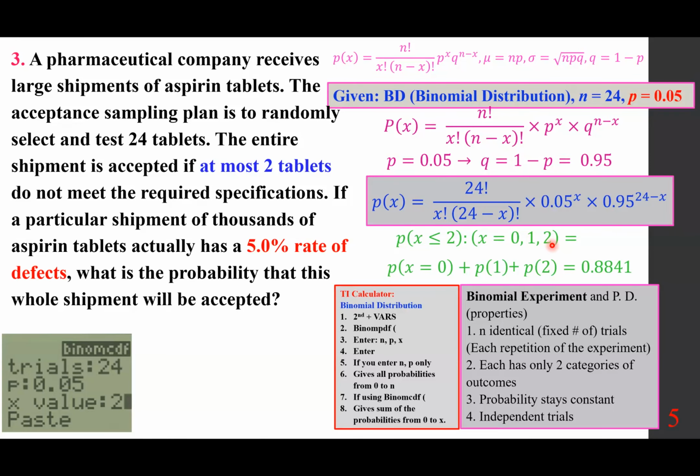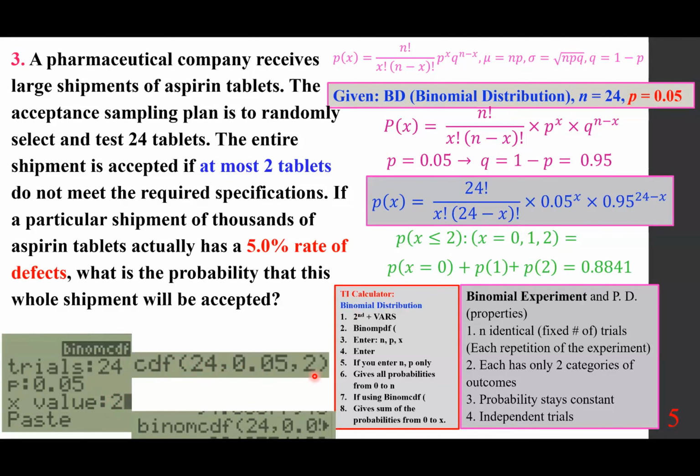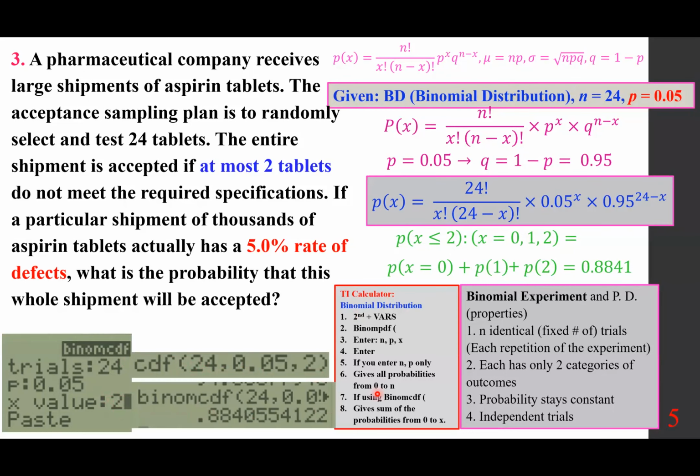Remember, when you put n, it goes all the way to n. n is what? 24, right? So binomial CDF, 24, 0.05, the probability of success, and 2. The answer it gives you, of course, has a lot more decimals.